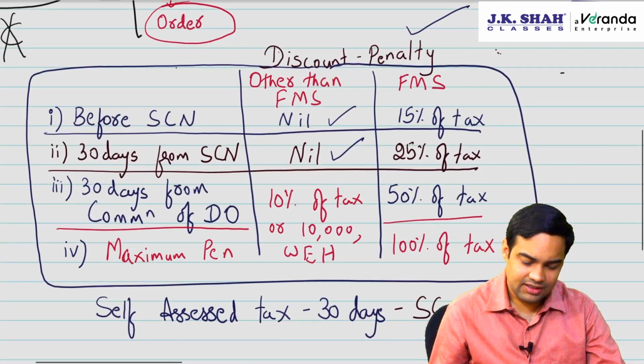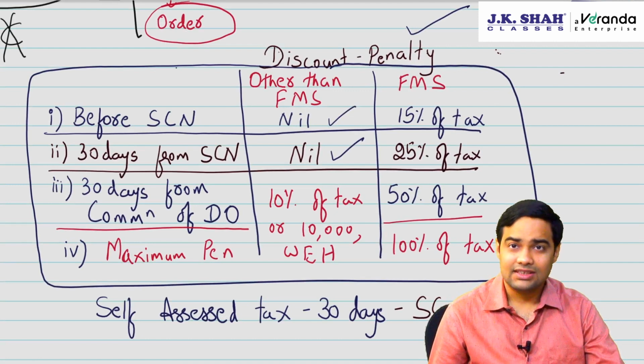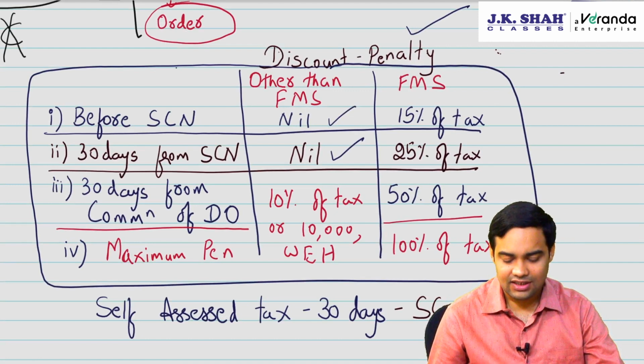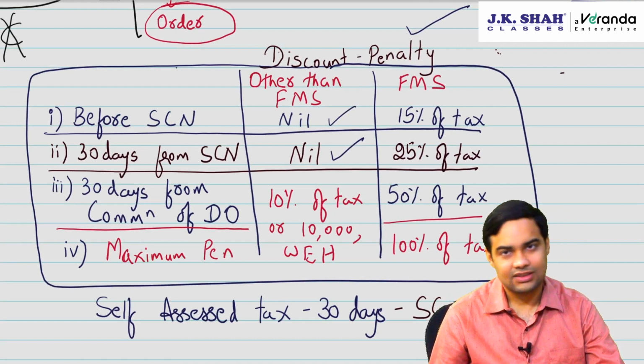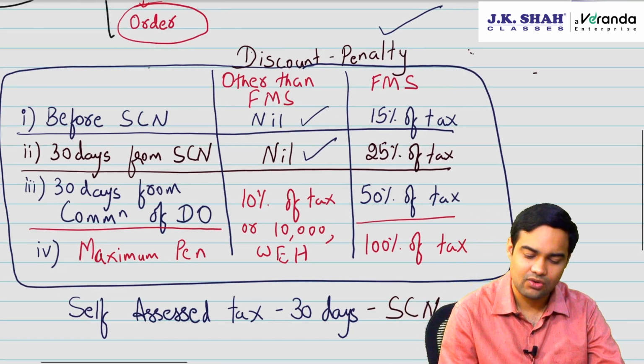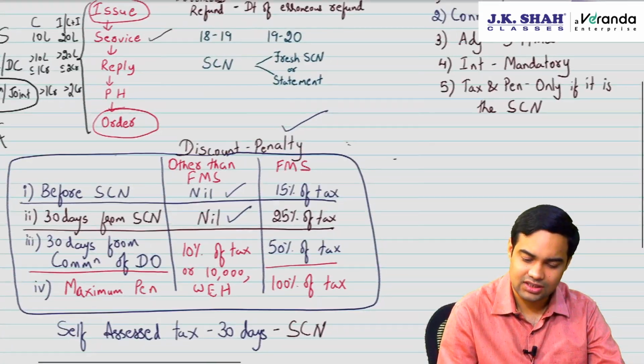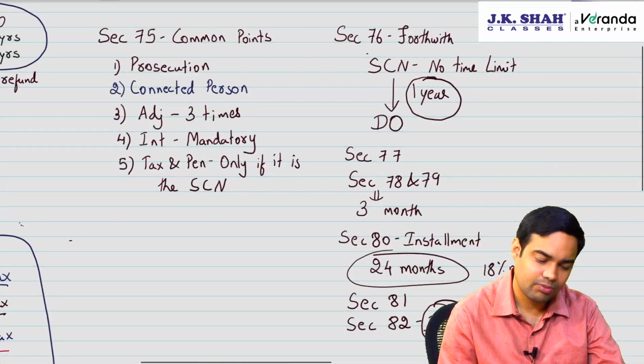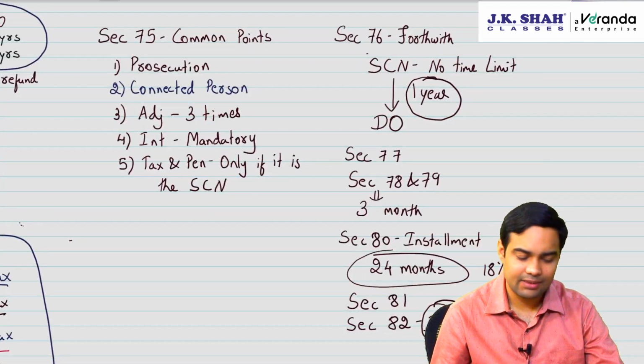You remember the discount schemes and self-assessed tax. If it is not paid within 30 days from due date and a show cause notice is issued, then the relief of the first two, that is this nil and this nil, will not be available. You will have to pay 10% of tax or 10,000, whichever is lower. Prosecution, connected persons, adjudication 3 times interest.